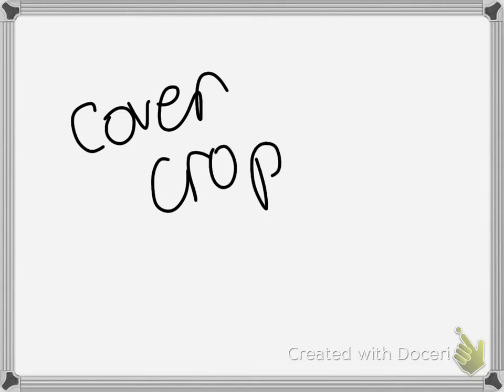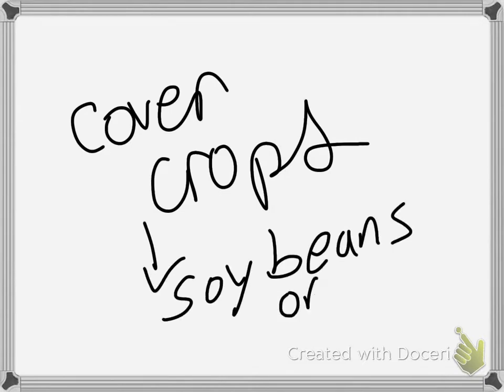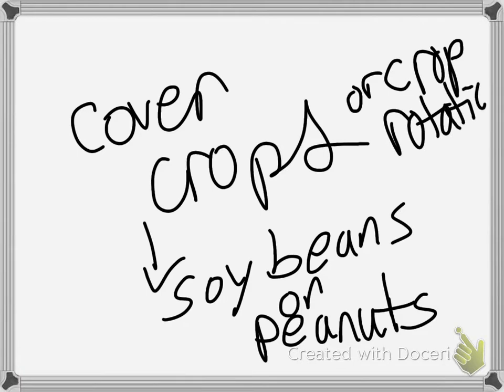You could also do cover crops. So George Washington Carver, I mentioned, he said plant soybeans or peanuts. This was back in the South in the early 1900s. He said plant soybeans or peanuts because different types of plants take different nutrients and provide different nutrients to the soil. So if you switch out your plants, plant a cover crop, or it's called crop rotation, change what you're planting year to year, you're replacing the nutrients in the soil, and you're making sure that you don't run out of a certain nutrient.